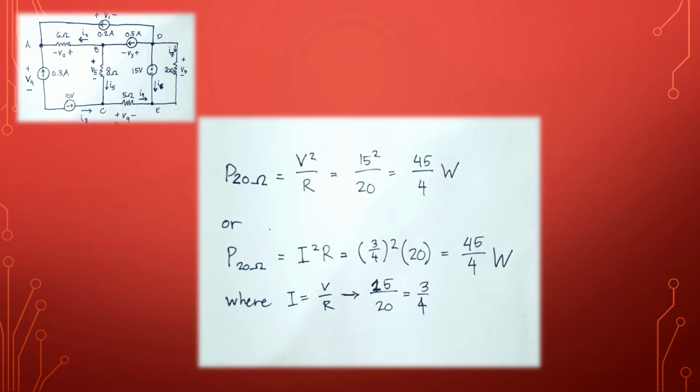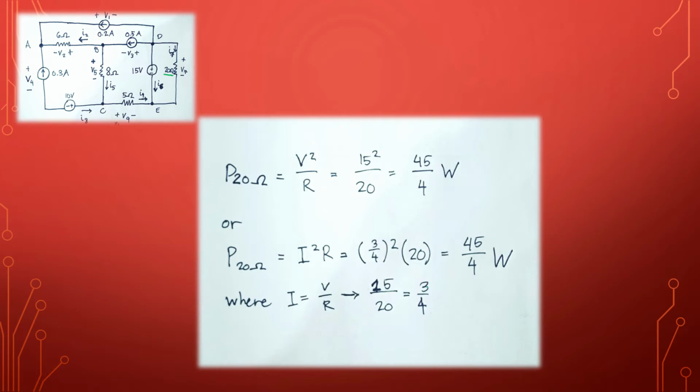Lastly, we are going to look for the power drawn by the 20 ohm resistor here. We will be using Ohm's law in this instance, since we have voltage and resistance. Where V equals IR, we can derive I equals V over R. So we have V, 15, over 20 resistance, which gives us 3 over 4.